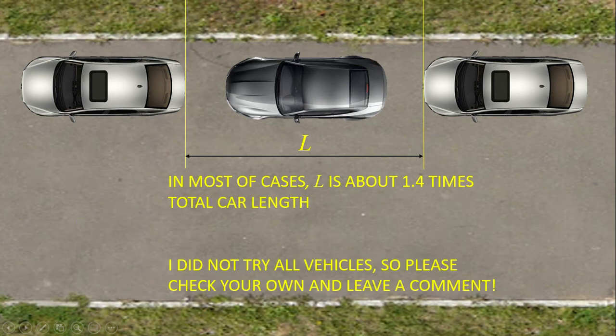I found in my calculation that in most of the cases, L is about 1.4 times the total car length. It's 1.4 times bigger than the length of the car. I did not try so many cars, but I tried a few and I found a value about 1.4. I will show you.